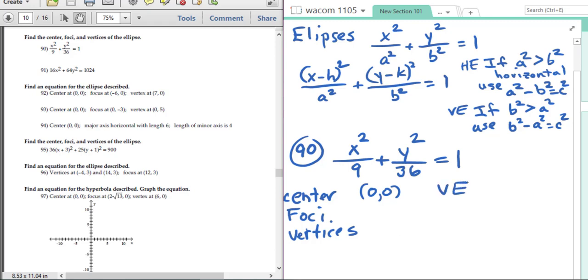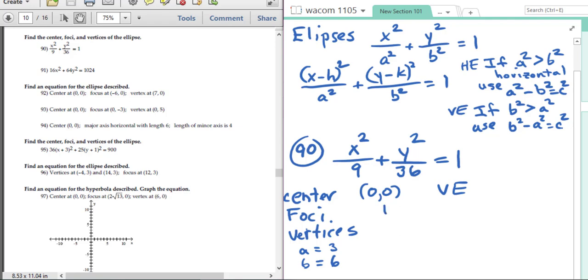That tells us that to find the c, we're going to do b squared minus a squared equals c squared. So our a is the square root of 9, which is 3. Our b is the square root of 36, which is 6. And to find the c, to help us get the foci, we will use b squared minus a squared equals c squared.